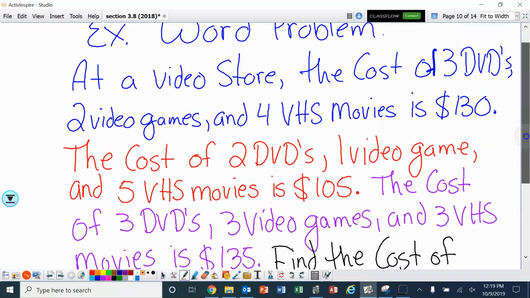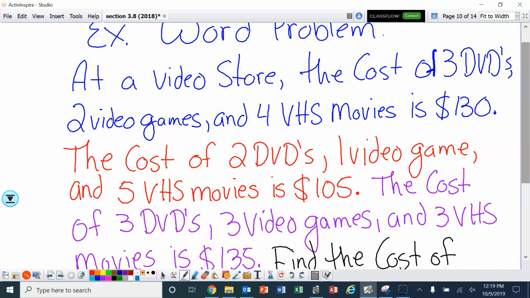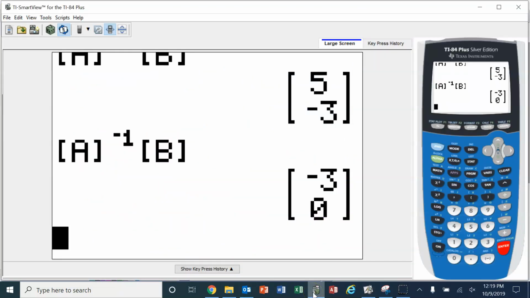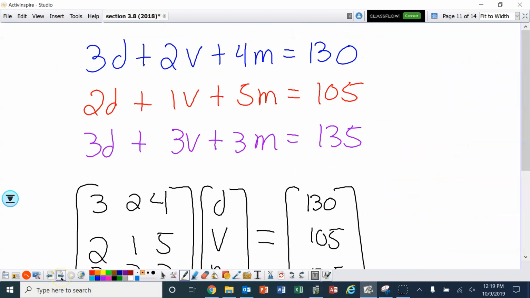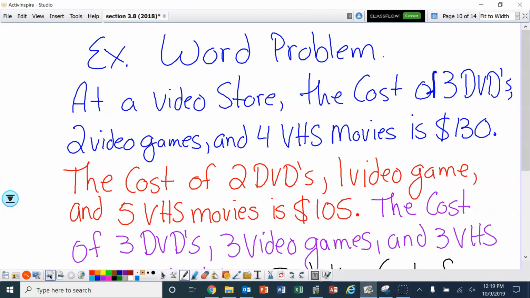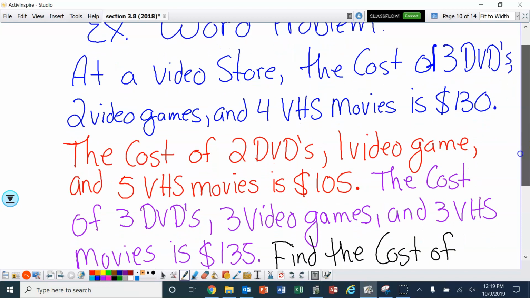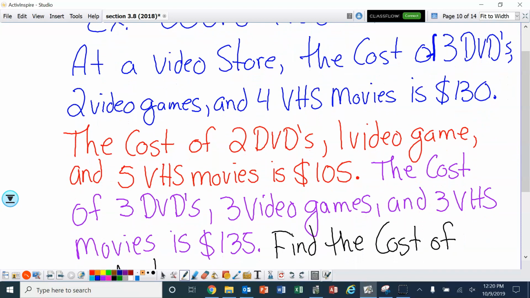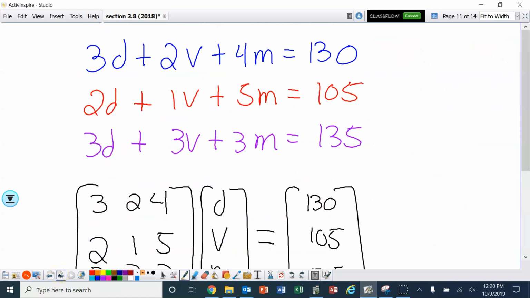Well, starting in blue, we've got 3, 2, 4, and it's $130. So that will give us 3D plus 2V plus 4M equals 130. Okay, looking at the red, 2 DVDs, 1 video game, 5 VHS is $105. 2D plus 1V plus 5M equals 105.